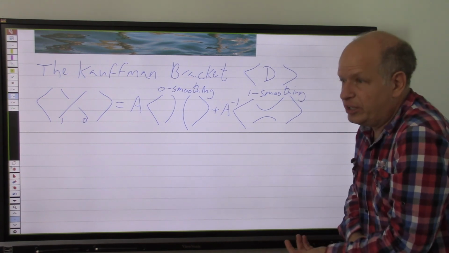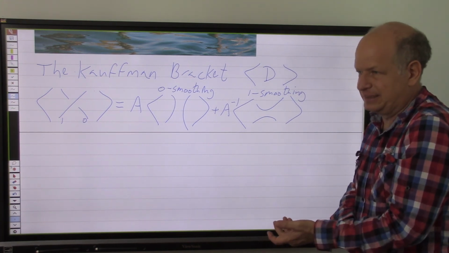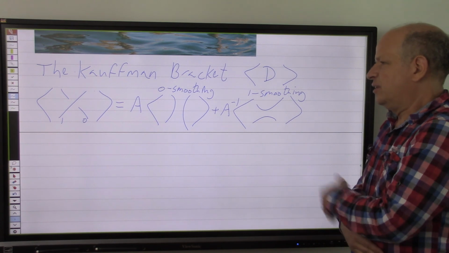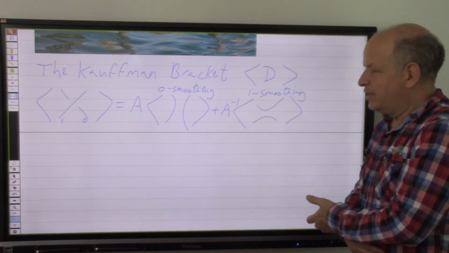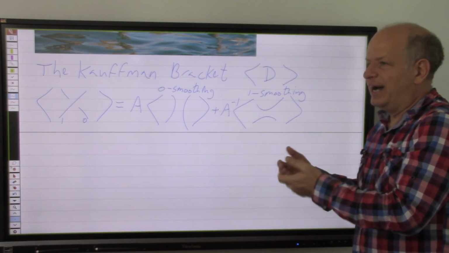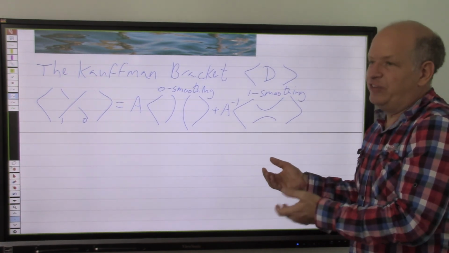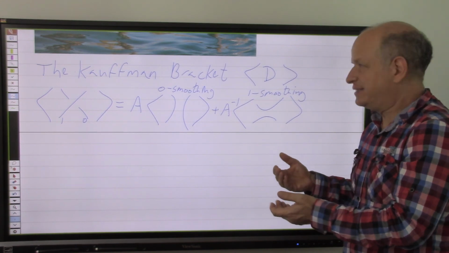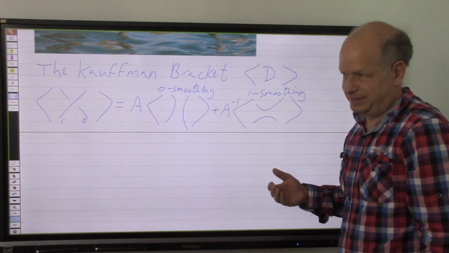But after you do it to all crossings, you get a diagram that no longer has crossings. If it no longer has crossings, then it's a union of circles.